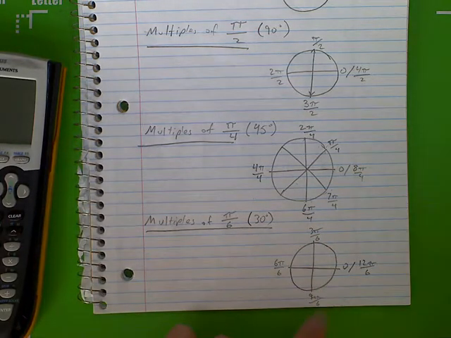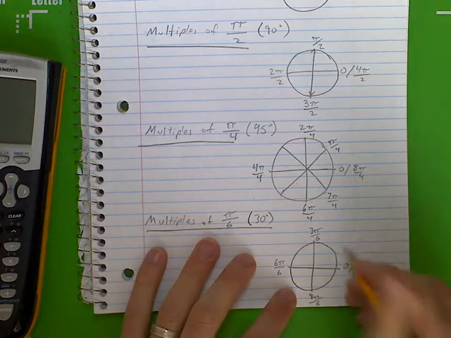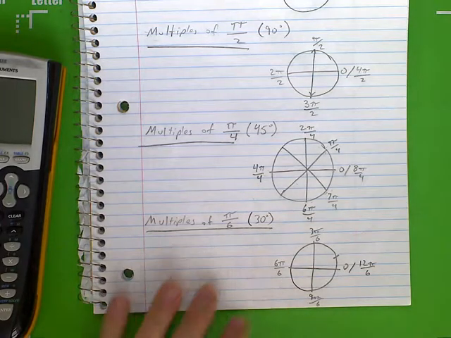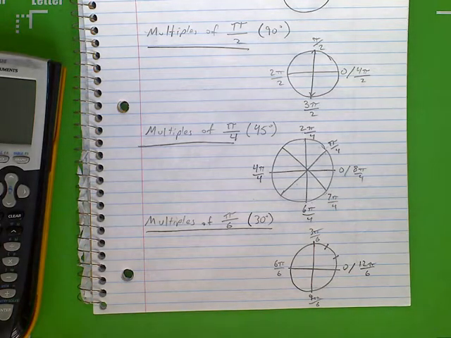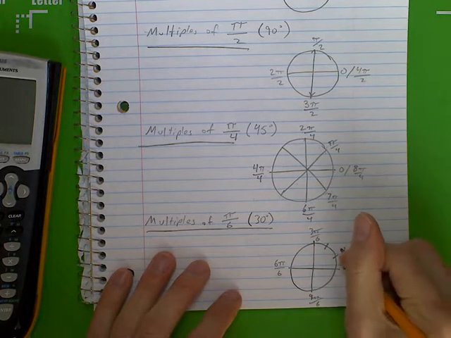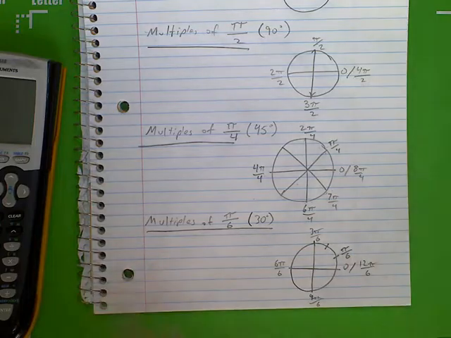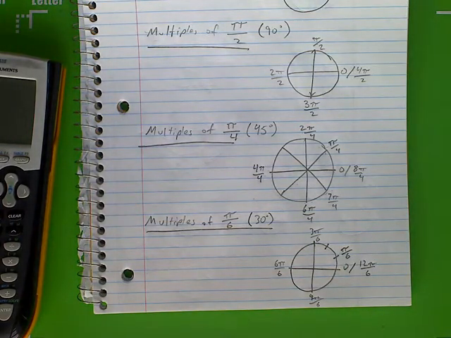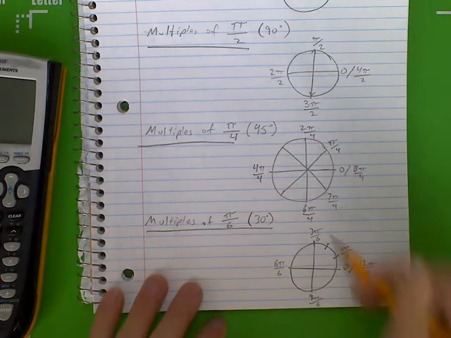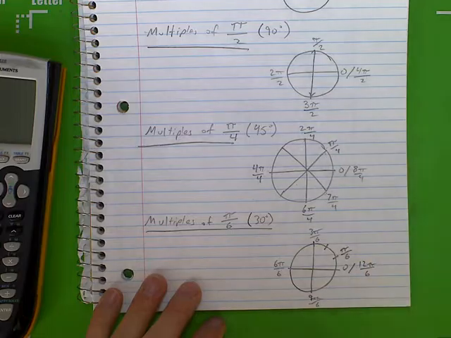Okay, so then when I start at 0, I want to count 1/6 right there, 2/6, 3/6. Like so. Okay, so pi over 6 is going to fall at the first hour mark right there. And then 2 pi over 6, 3 pi over 6.